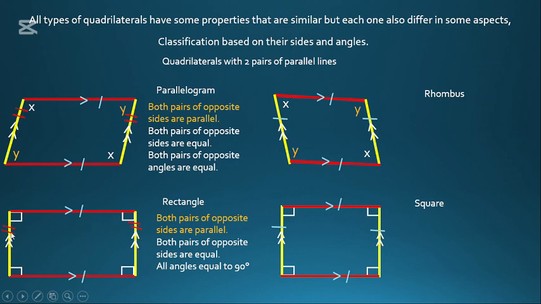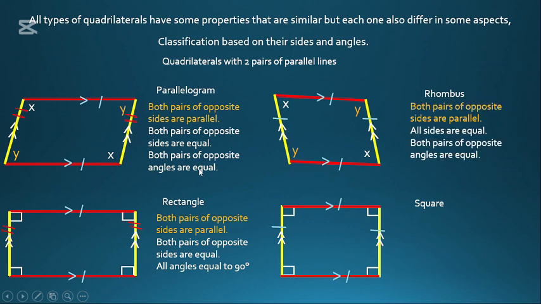But now we come to a different aspect. All angles are equal to 90 degrees. In a parallelogram, both pairs of opposite angles are equal. That's the difference. Right.